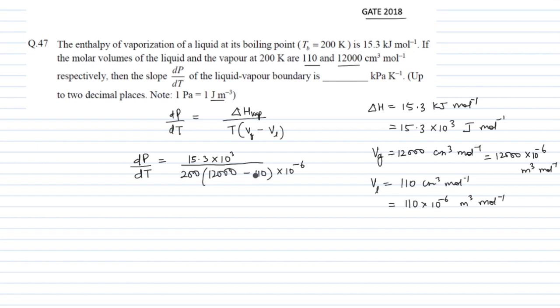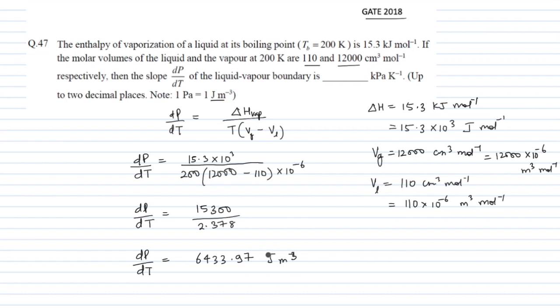When I solve all this, I will be getting dP by dT is equal to 15300 divided by, in the denominator, when I multiply all the things, I can use my calculator because it's a GATE exam, 2.378. After dividing this, my dP by dT will come around 6433.97. This is going to come in joules per meter cube.